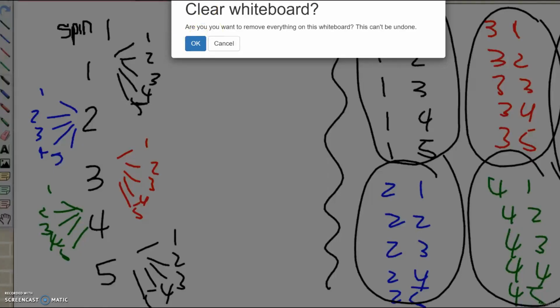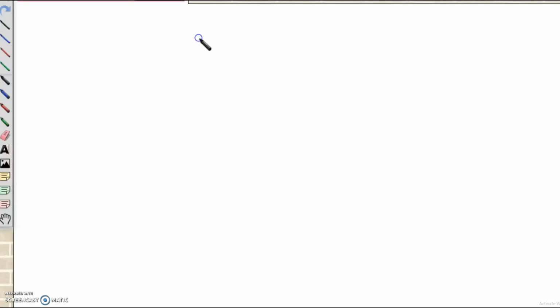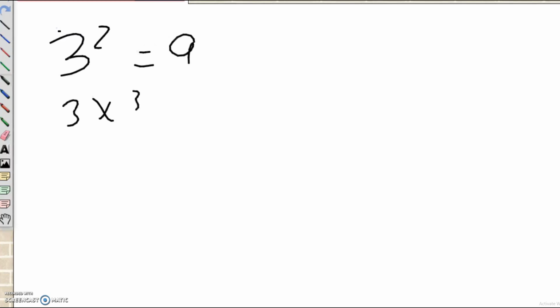So in the other example, we would do 3 squared or 3 times 3 to give us 9 as the answer. Either way you can look at it.